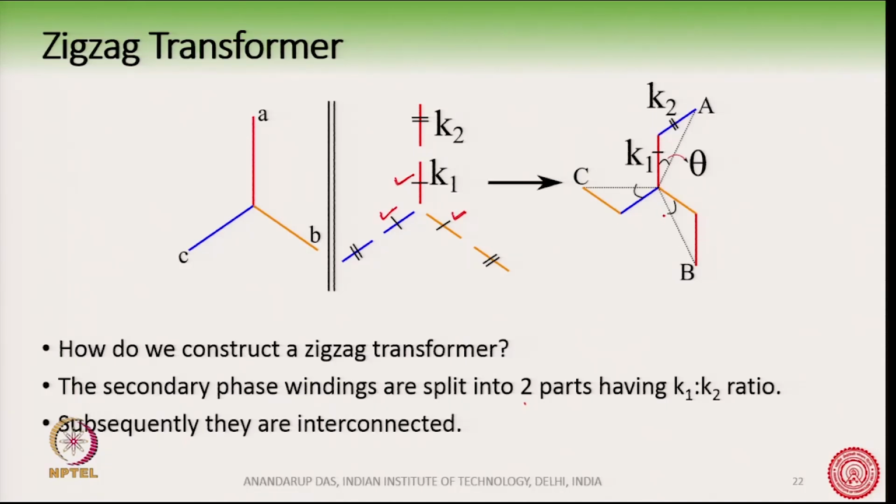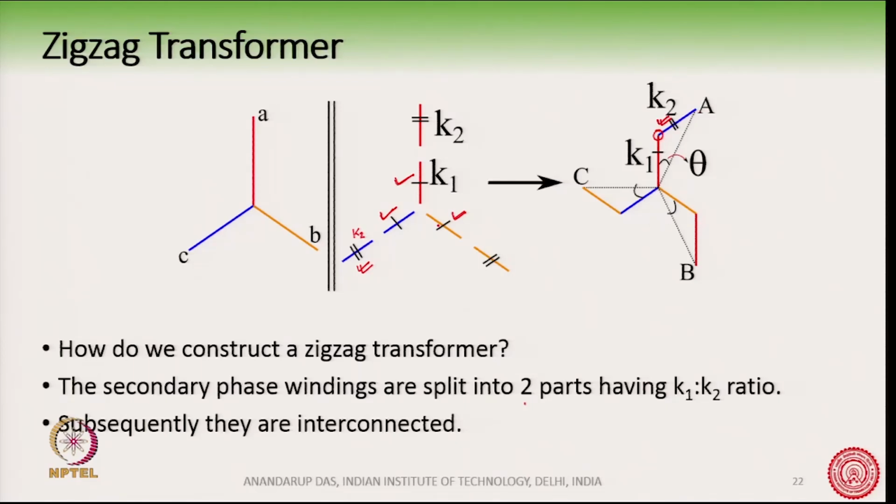Now, we take, for example, this winding of the C phase. We take this winding here and put it here, and we connect them together. So, we have connected them together here. This is having K2, this comes here and is connected to the K1 turns of the A phase winding, and K2 of the C phase winding is connected.